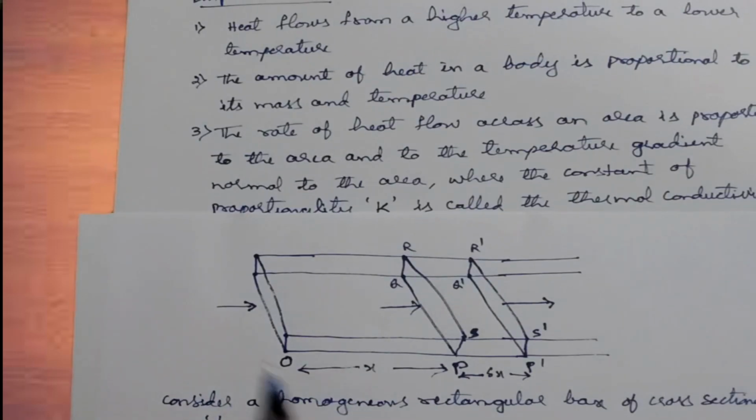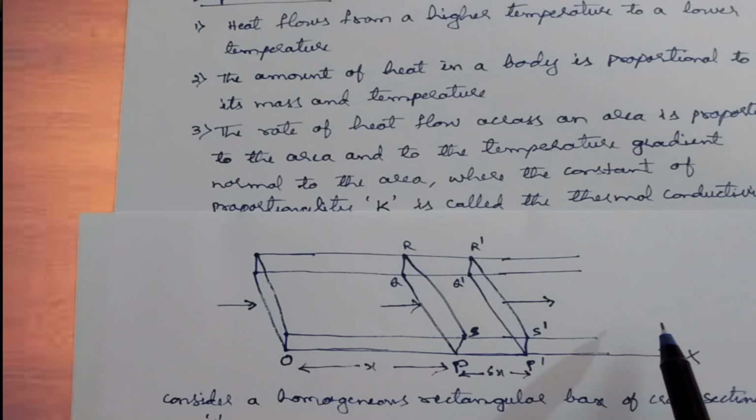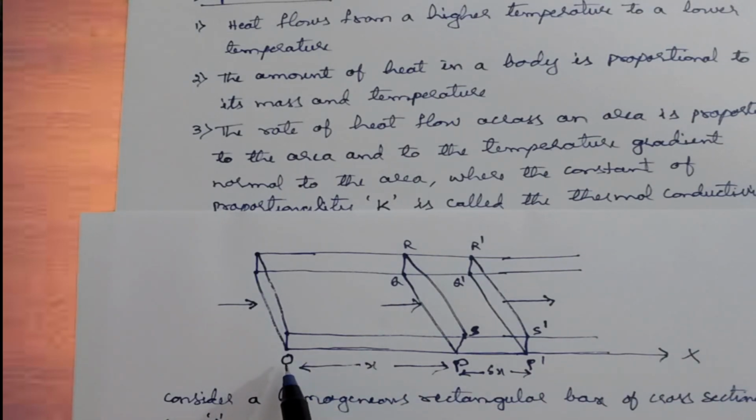And as the heat flows through this rectangular slab, suppose I am taking this as the x-axis, the heat flows along the x-axis starting from the origin, right?